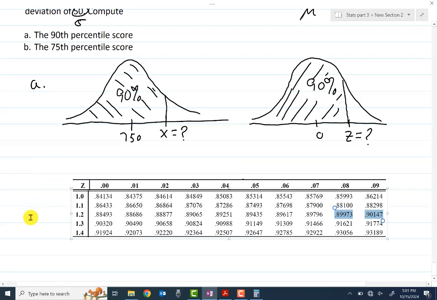So here's what I have. The 90% is between these two values, somewhere in between there. So I've got 1.2 as the row, and then 1.28 and 1.29.